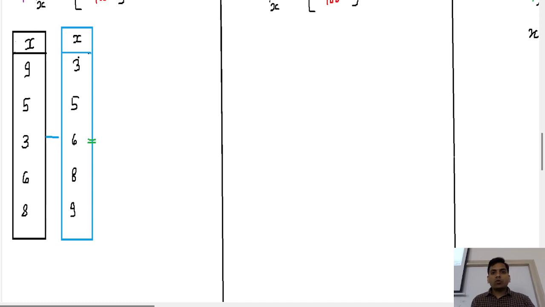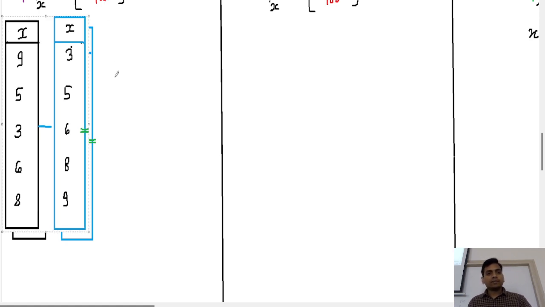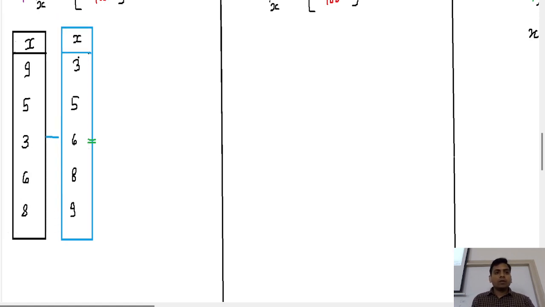Which quartile do you want to find? Let's find quartile third, okay? So for quartile third, the formula is Q3 equals 3 times n plus 1, upon 4.